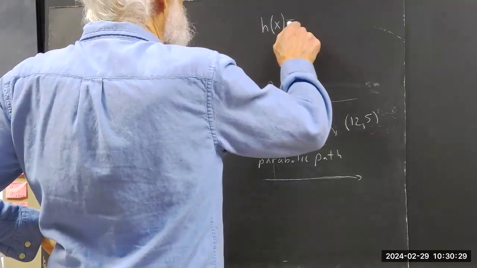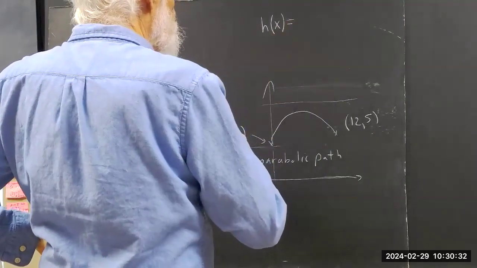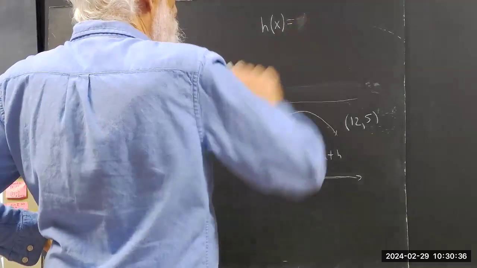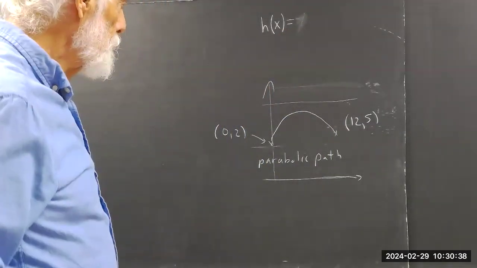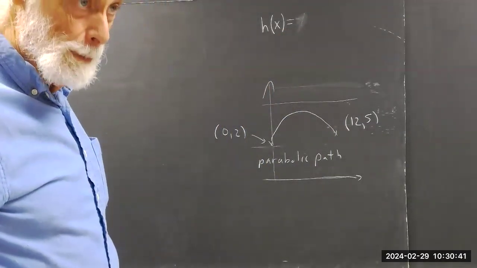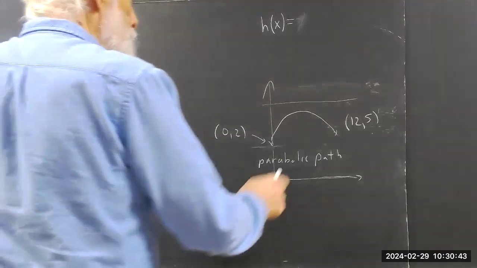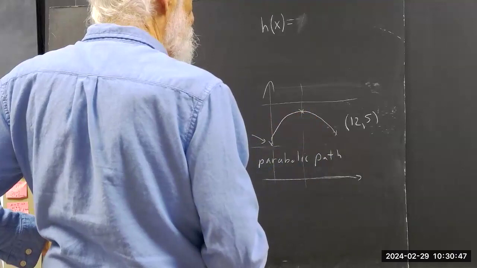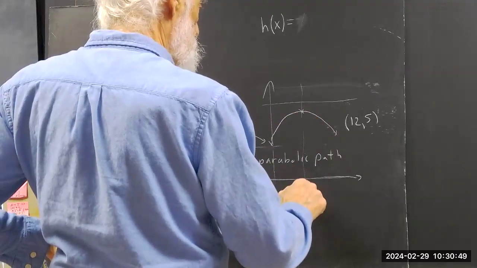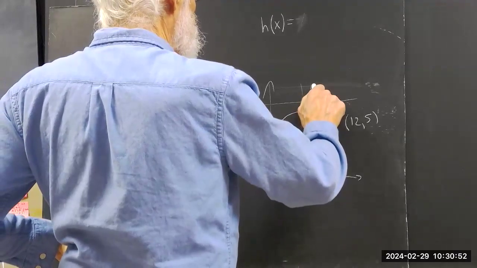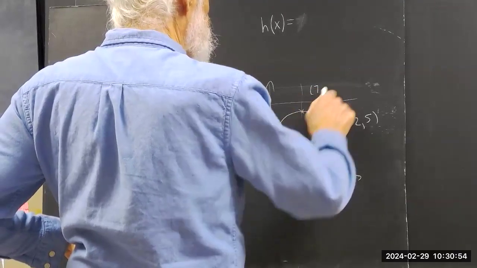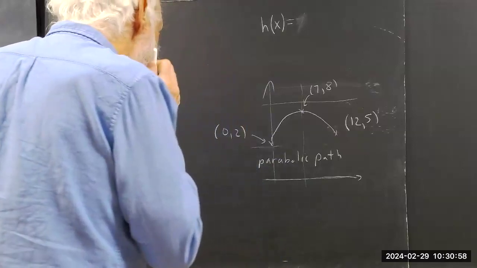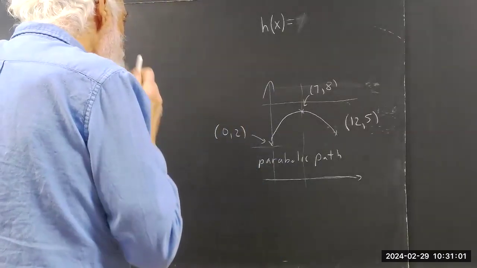I could say h of x equals... Okay, I've got myself in trouble. I've got to figure out the equation for this parabola. I think its vertex is going to be about here, and that would be at about 7.8.